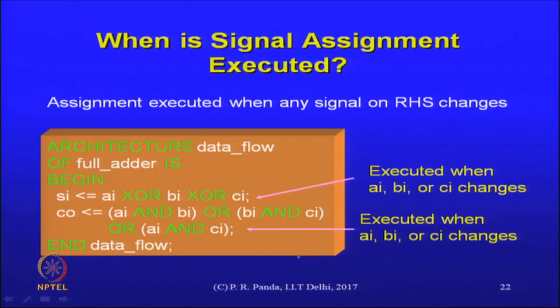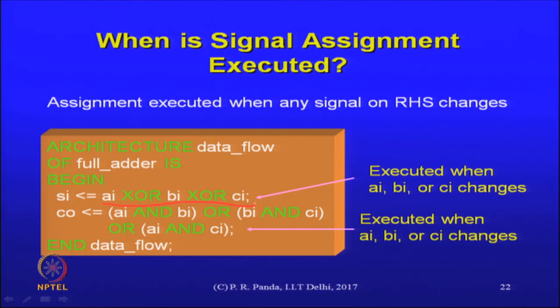Okay, so, I need to little carefully understand what do you mean by both the statements are active at the same time. To answer that, we have to answer this question of when is a signal assignment triggered or executed. You have written a bunch of signal assignments here, that is the specification of the functionality of the full adder. The rule is the assignment is executed when any signal on the right hand side of that assignment changes, right. I have that expression there.